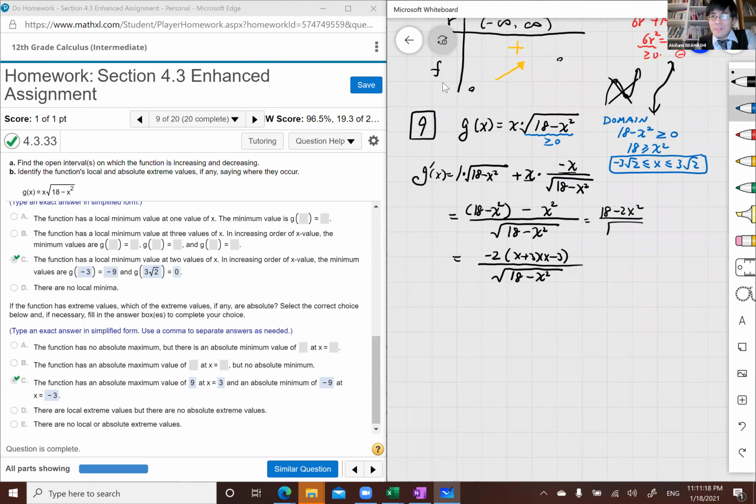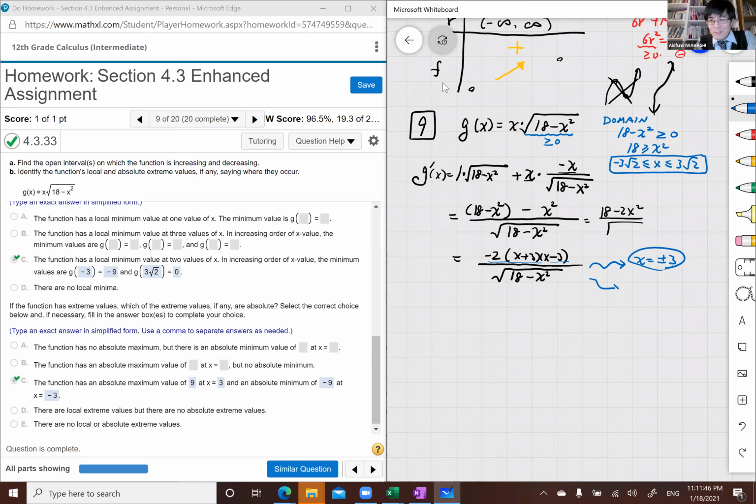Where are the critical points? g dash becomes 0 when the numerator is 0, so the critical points are x equal to plus or minus 3. This function also has a denominator, which is non-negative, but it could become 0.